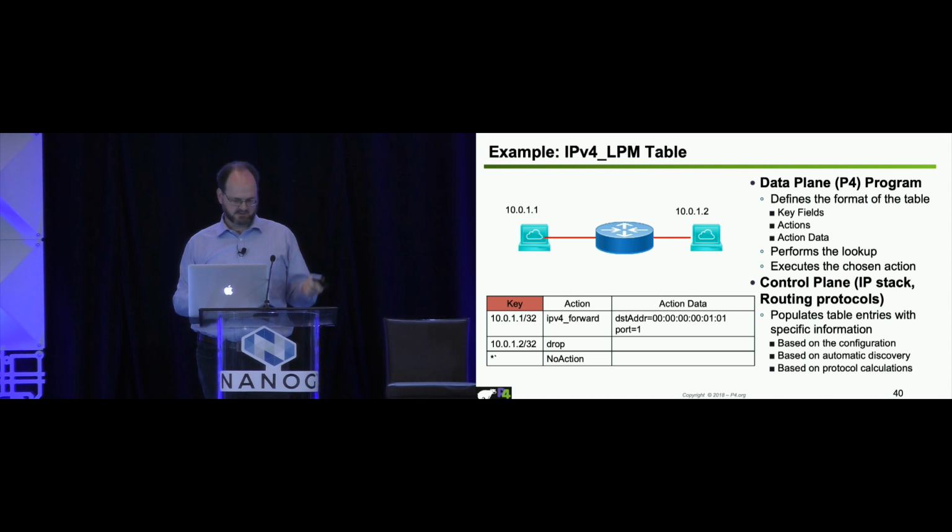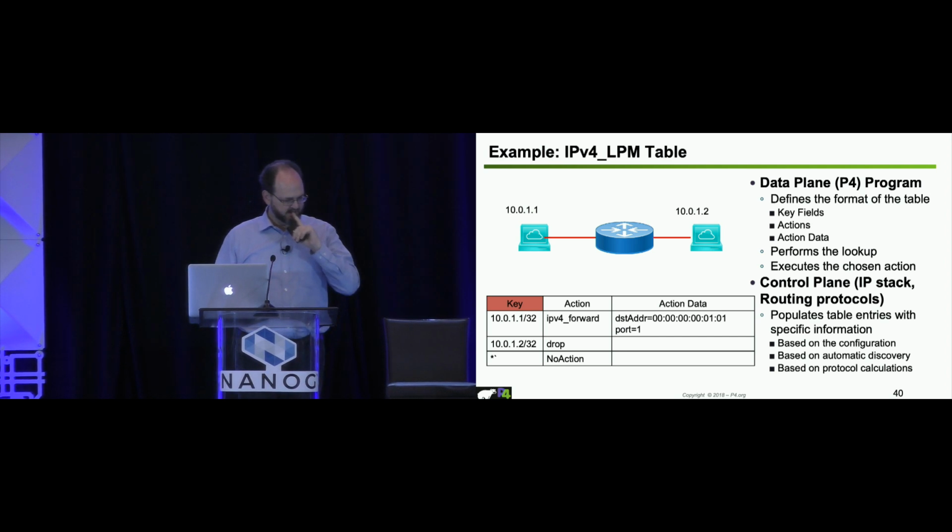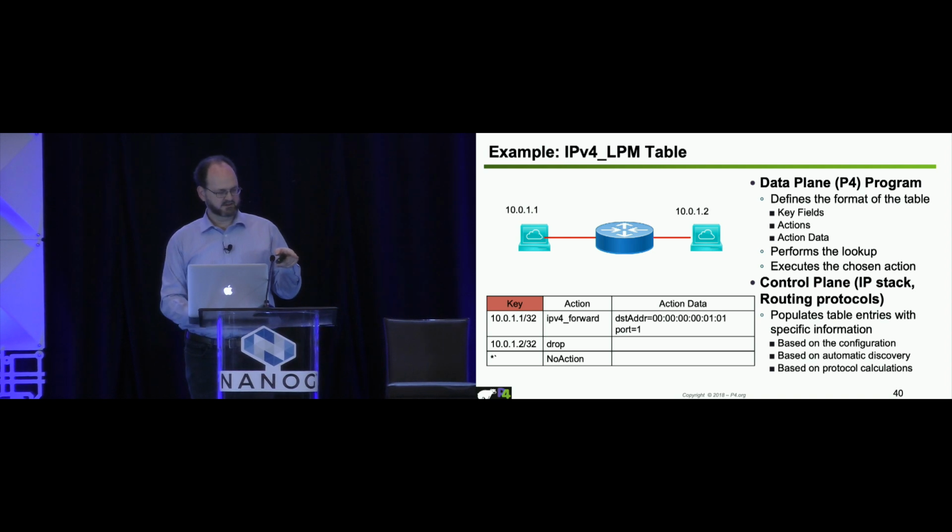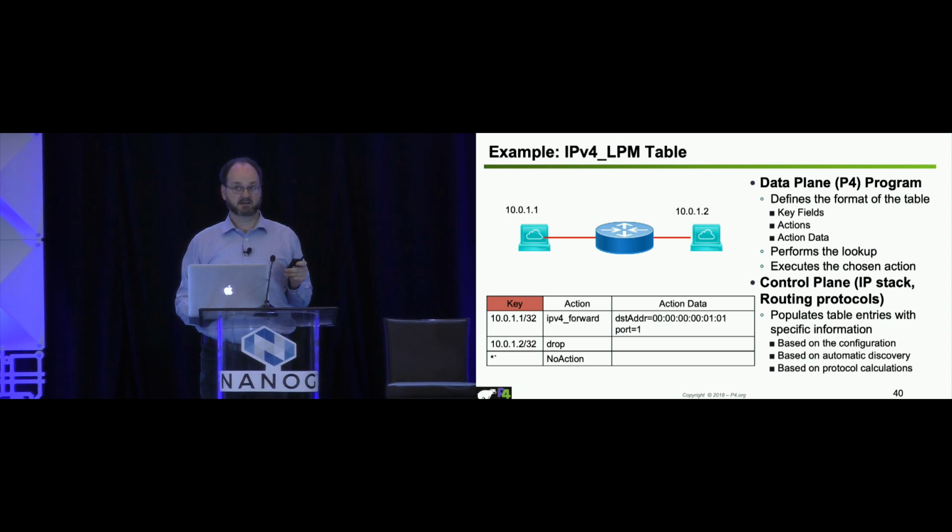The bottom left shows a possible configuration that the control plane might have installed for these table entries. If it was the forward action, then you need to specify what the new destination MAC address is and what the output port is. Those would be the parameters of your action in your P4 program. It's not hard-coded in the device.